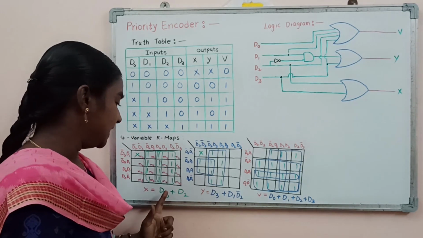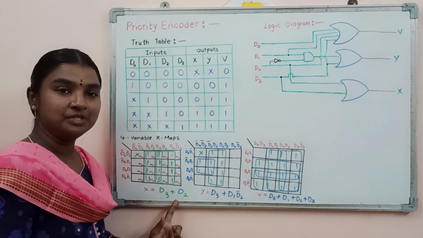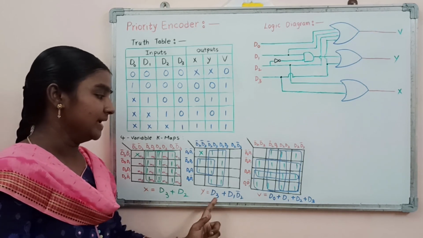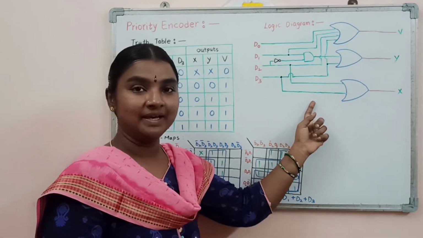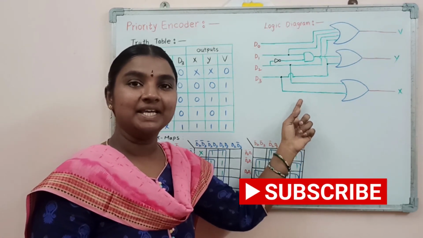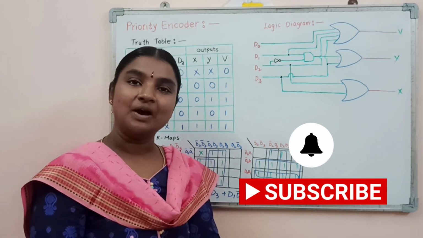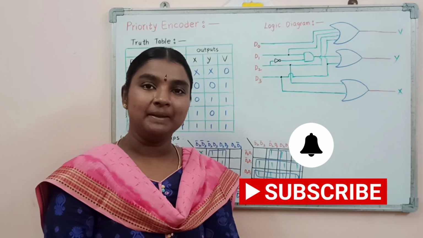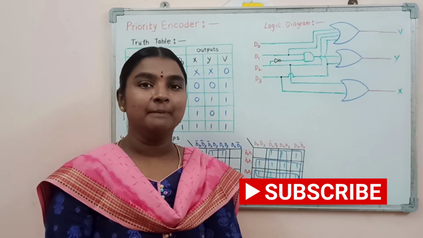Now by considering these 3 Boolean expressions for the outputs X, Y and V, we may draw the logic diagram in this manner. Here this is the logic diagram of the 4-input priority encoder circuit. In this manner we may implement any priority encoder circuit based on the priority.